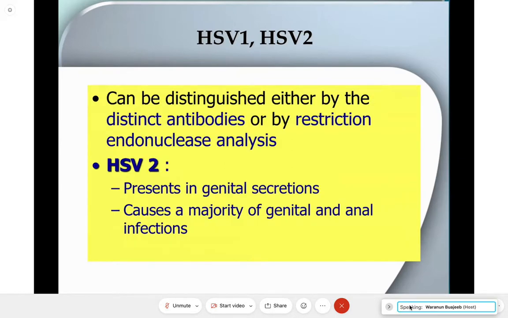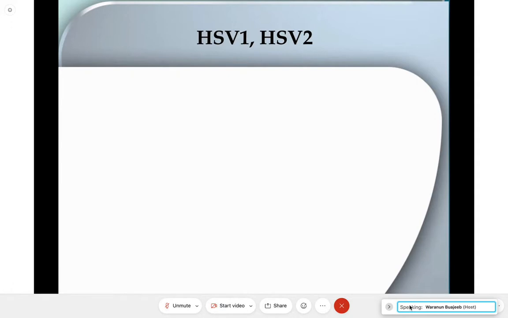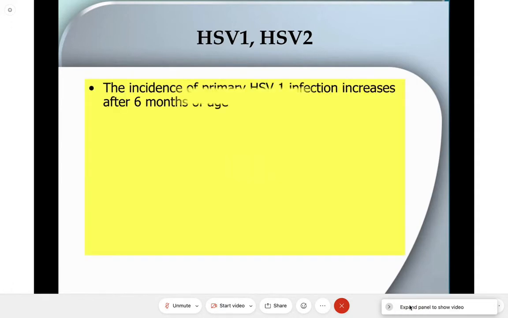Herpes simplex virus type 2 is normally at the genital area. But actually both type 1 and type 2 can infect both areas, genital and oral cavity.